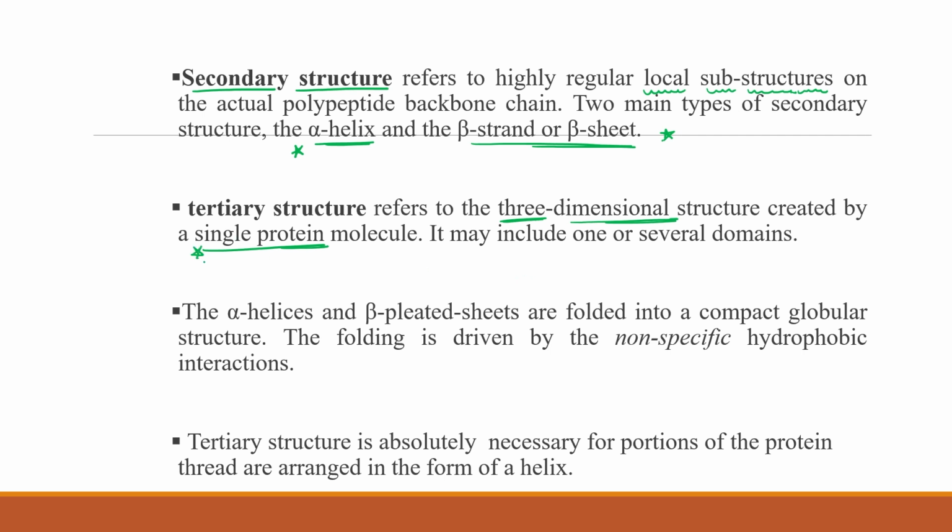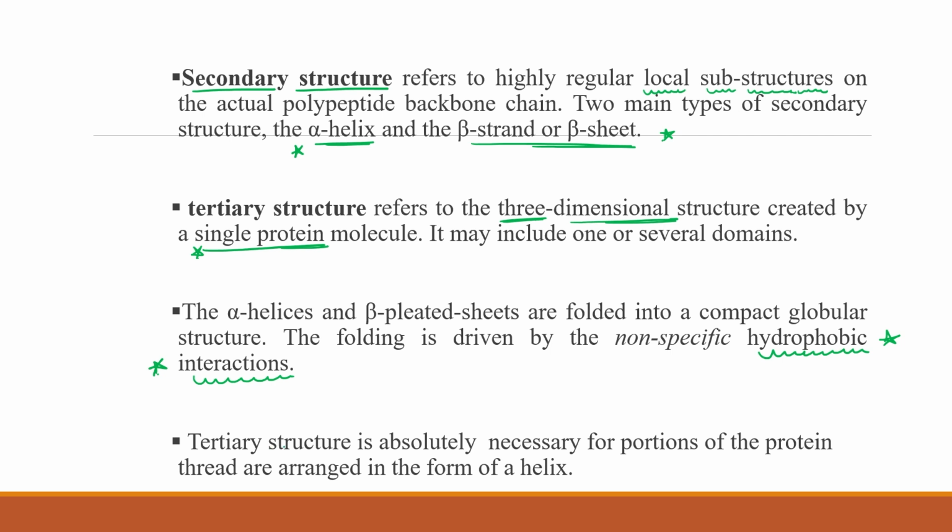This is important. The alpha helix and beta pleated sheet fold together and form a compact, globular structure, and this folding and unfolding is driven by hydrophobic interaction. After the folding of beta pleated sheet and alpha helix, they are able to create tertiary structure.